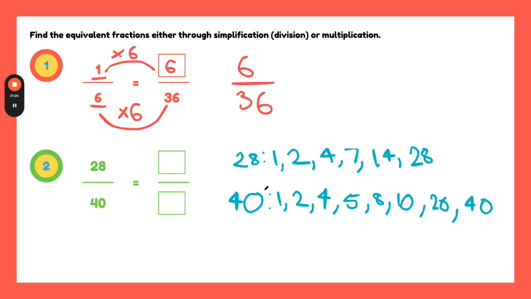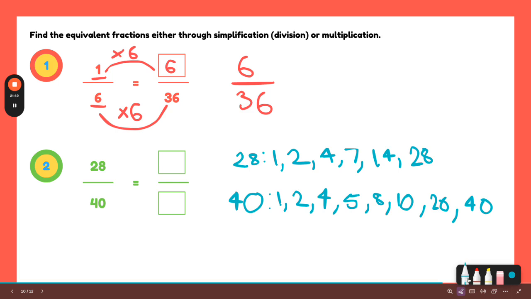Our highest common factor is a number that goes both into 28 and 40 with no remainders, and is also the highest factor which goes into both of those numbers. So if we look at our list, which number is our highest common factor?